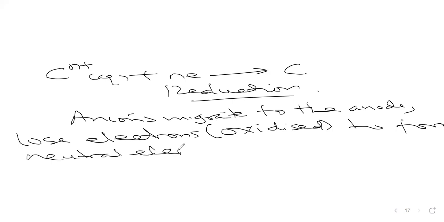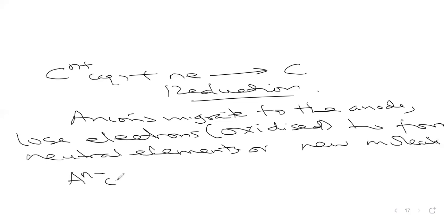The elements formed there can be neutral, like chlorine gas, or may form new molecules. Generally, if this is my anion, An-, which can be aqueous or liquid, it will lose electrons to form A, plus n electrons.